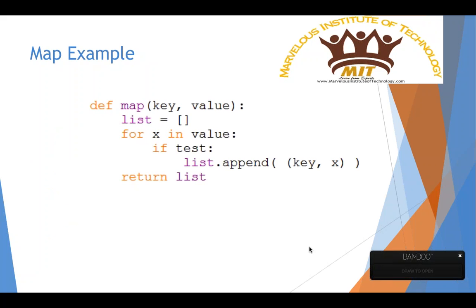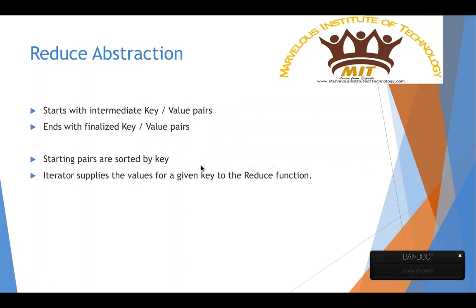Next, see, this is the example. This is kind of the skeleton, called pseudocode. I'll define my map method. In the map method, I'll have the key value pairs, and I loop through the values because I need to handle all the values, right? I start doing some operation here. A small example.